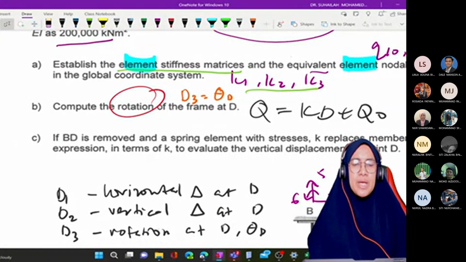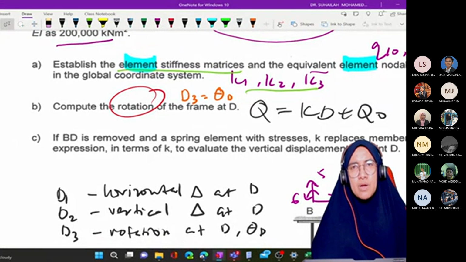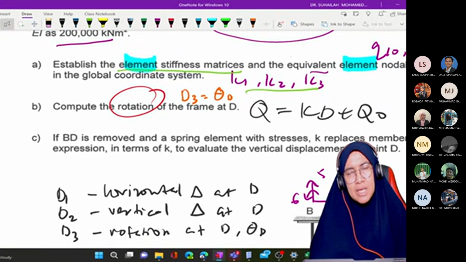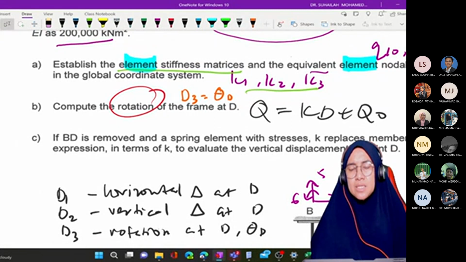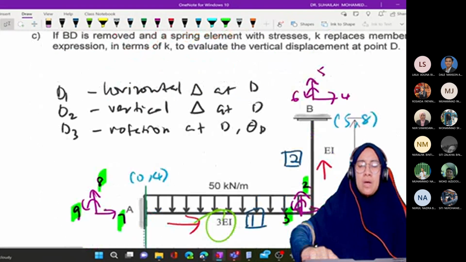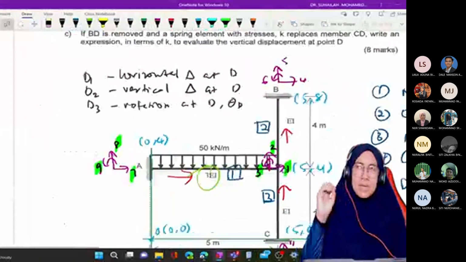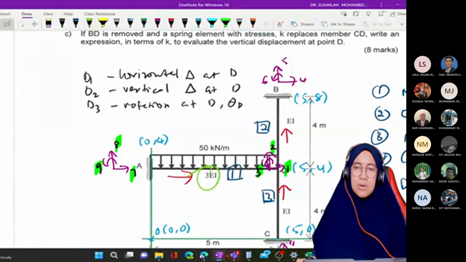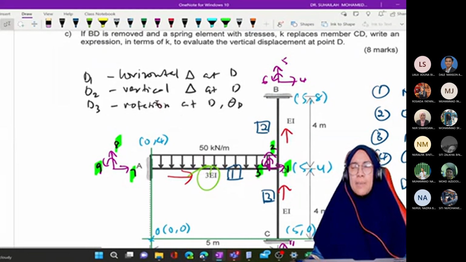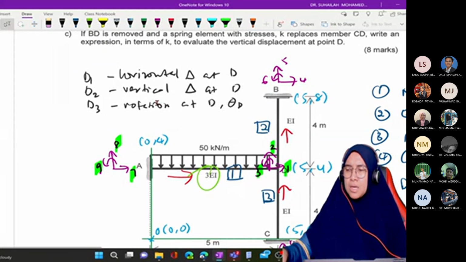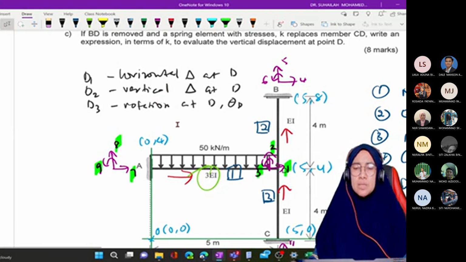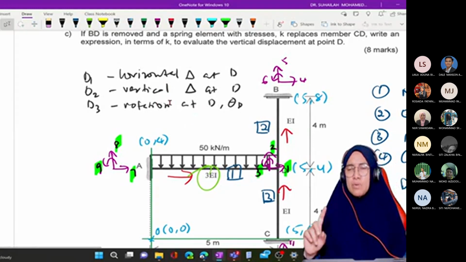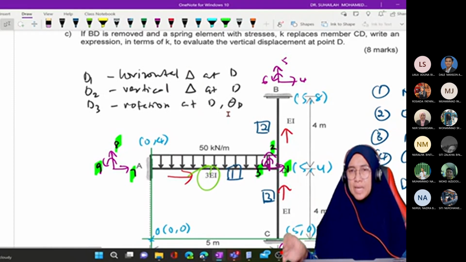Okay, so from D1, D2, D3, if the question asks us to calculate the reaction at the support, normally we have 9 unknown reactions. You don't need to calculate all 9, because the final assessment wants to see your understanding.